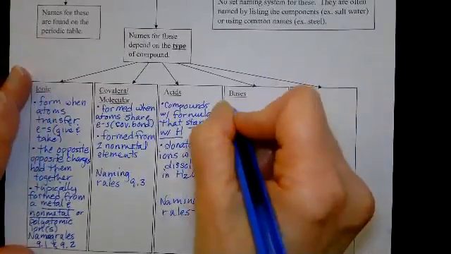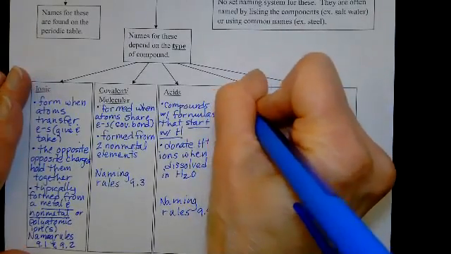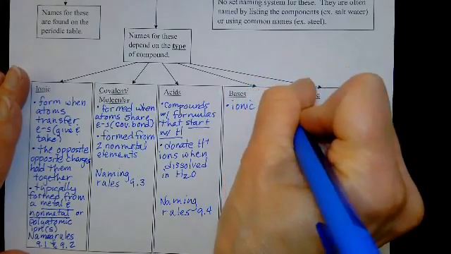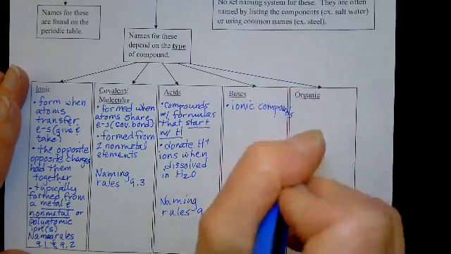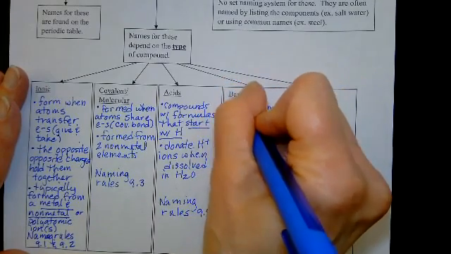Next up are bases. These are actually ionic compounds containing the polyatomic ion hydroxide.